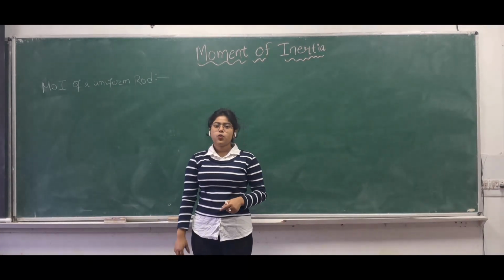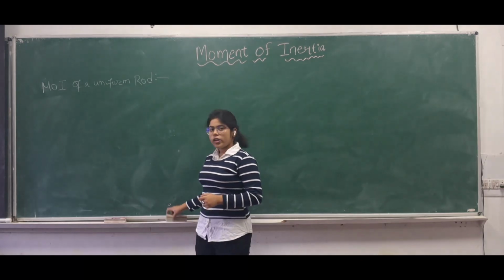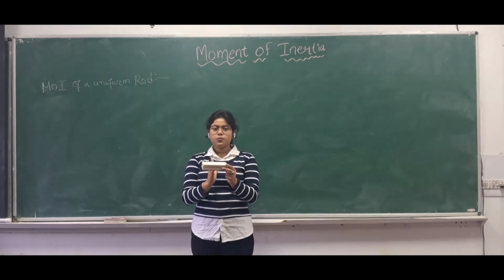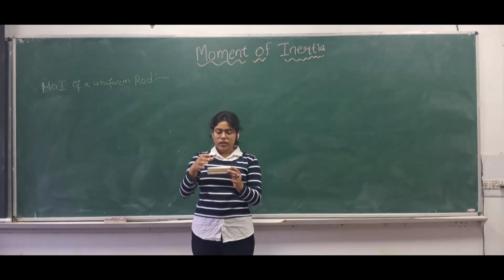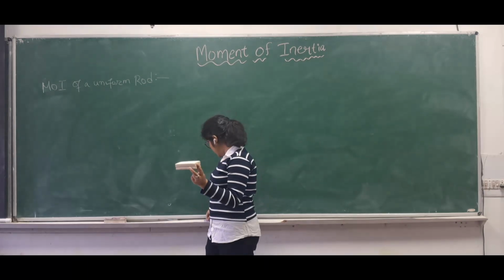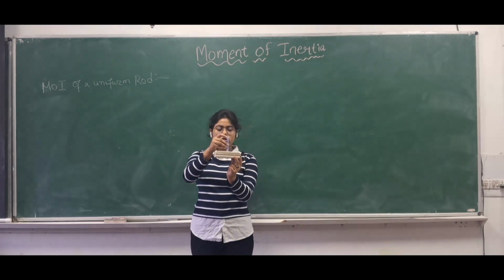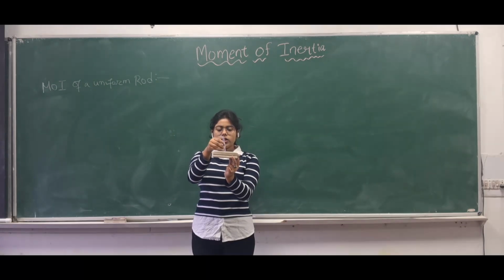Now I derive the moment of inertia of this rod when the axis of rotation passes through the center of mass. This is the rod and this is the axis of rotation, which passes through the center of mass.